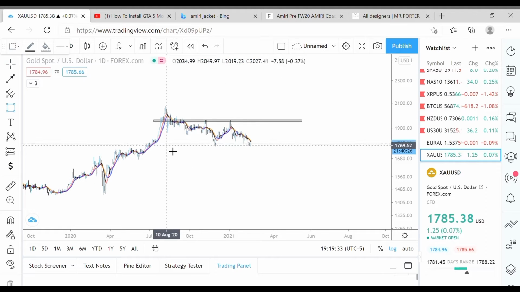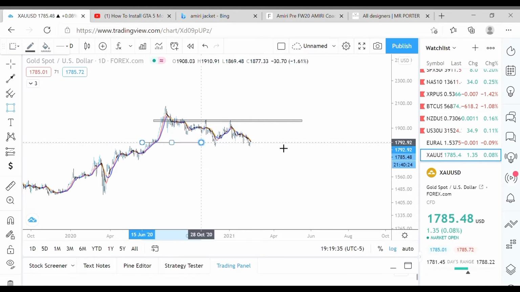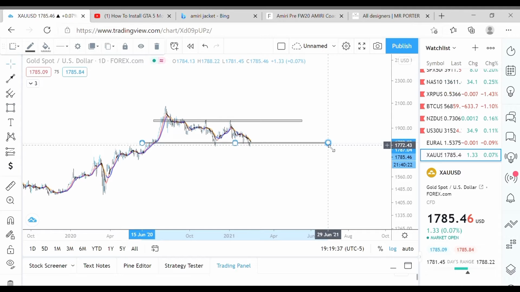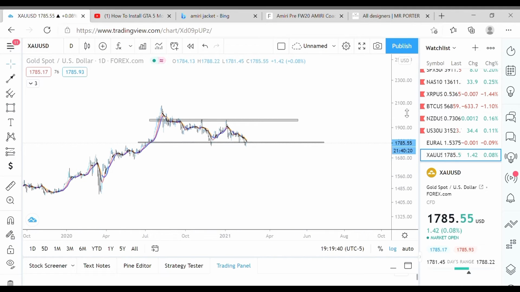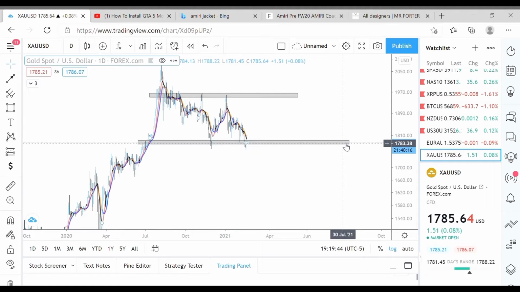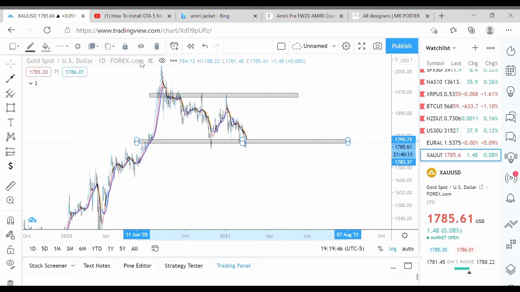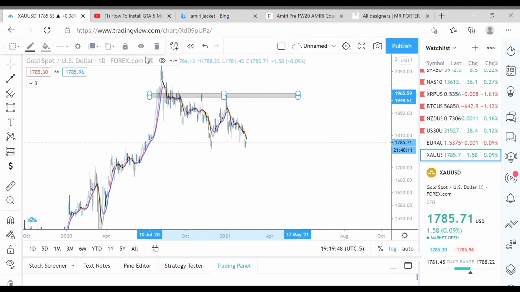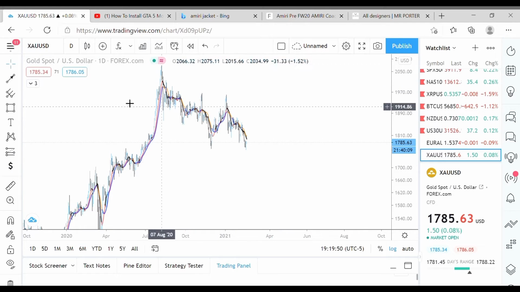Or they'll come here, say this is a place of support. Sometimes I don't even do my support and resistance like this. Especially now on the daily, I don't do my support and resistance like that.